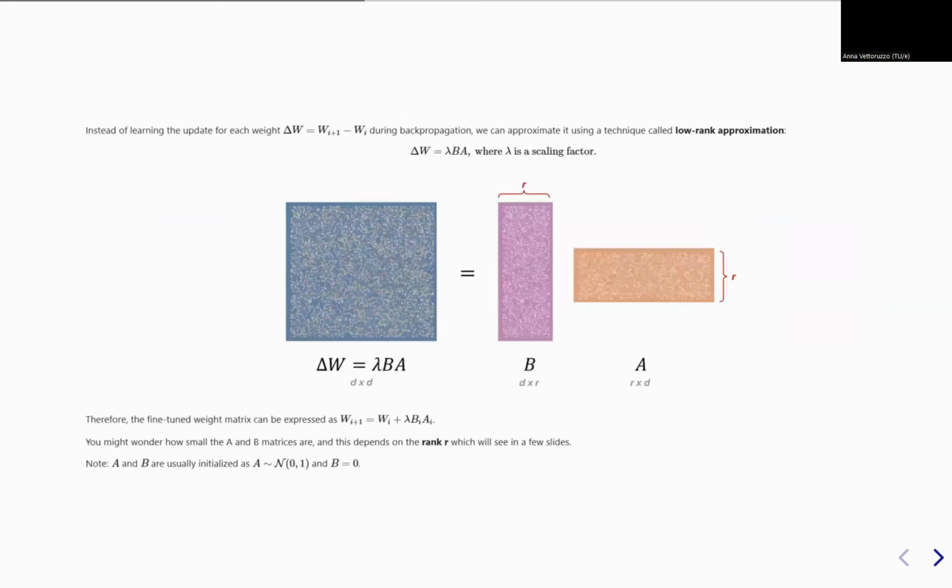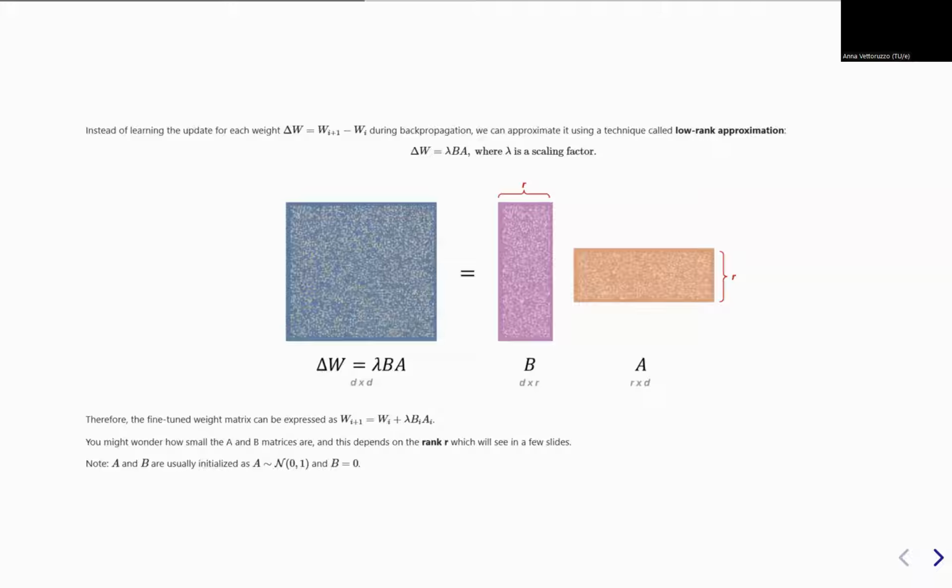But what LoRA is doing on the other hand is that instead of learning the update for each weight, which we will call delta W, we can approximate it using a technique called low-rank approximation. This means that delta W can be approximated with two matrices called A and B, multiplied by lambda, which is just a scaling factor, usually set to 1 or 2.